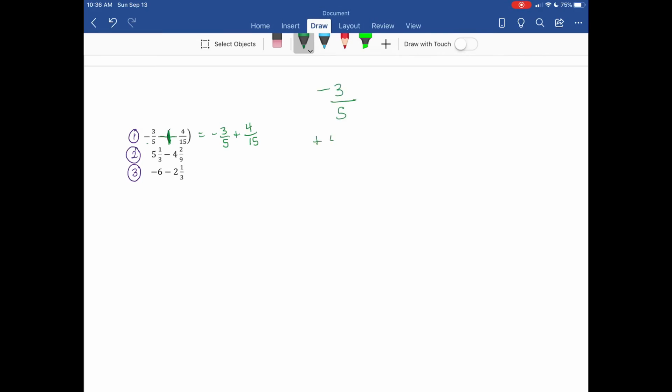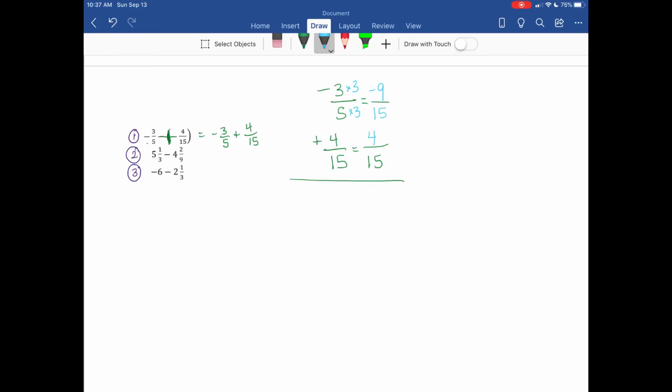So we've got -3/5 plus 4/15. So here we want a common denominator, and I think we can make both of those bottoms be 15. If I took the top and bottom of that top fraction and multiplied them both by 3. -3 times 3 is -9. 5 times 3 is 15, and this one is still 4/15.